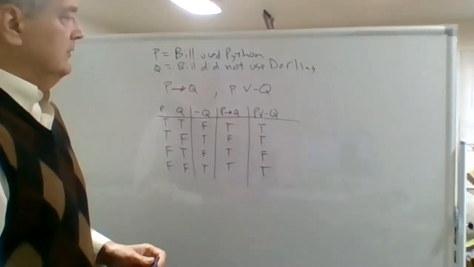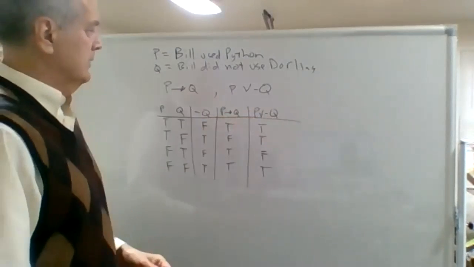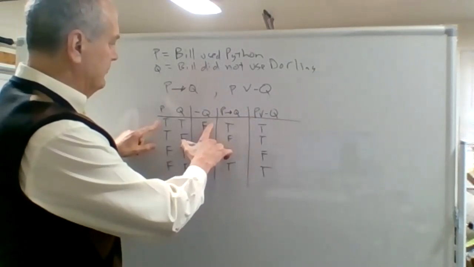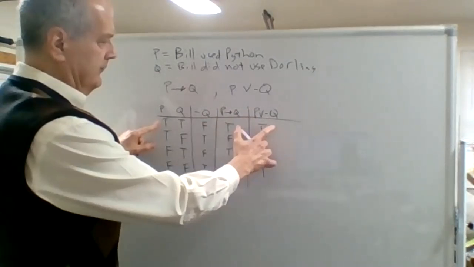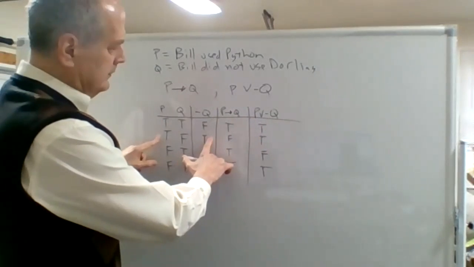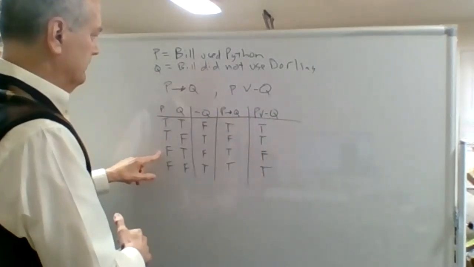And then for the second statement, P or not Q, we have P true, not Q false, or false, so that's a true. P is T, not Q is T, so that's a true.